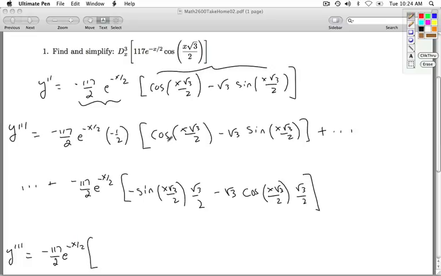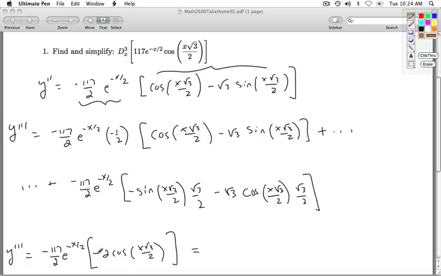I'm going to have a negative 1/2 cosine, and I'm going to have a negative 3/2 cosine. So negative 1/2 minus 3/2 is negative 4/2, so that's a negative 2 cosine. I'm going to have a positive square root 3 over 2 sine, and I have a negative square root 3 over 2 sine, so they drop out.